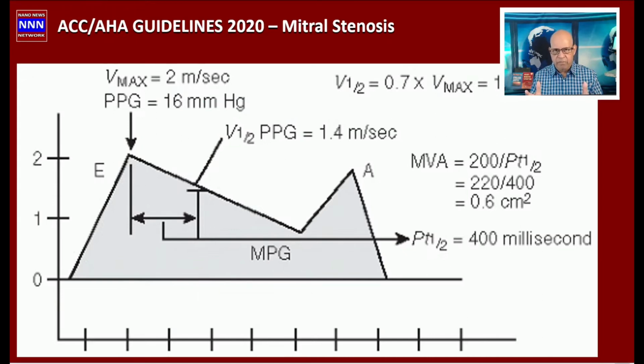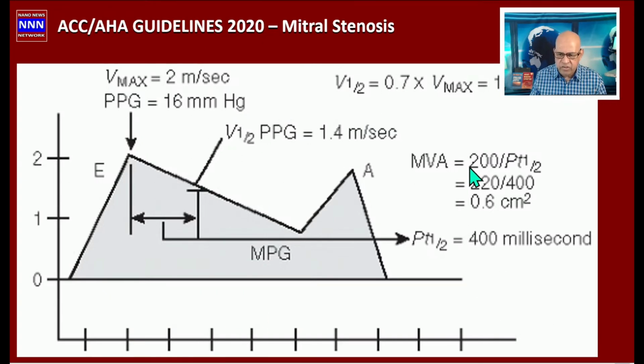That is half time. The pressure half time is measured from the peak of the E wave to the point where we expect the pressure to be half of what it was, like 16 millimeters of mercury here. And this distance is now measured in milliseconds.